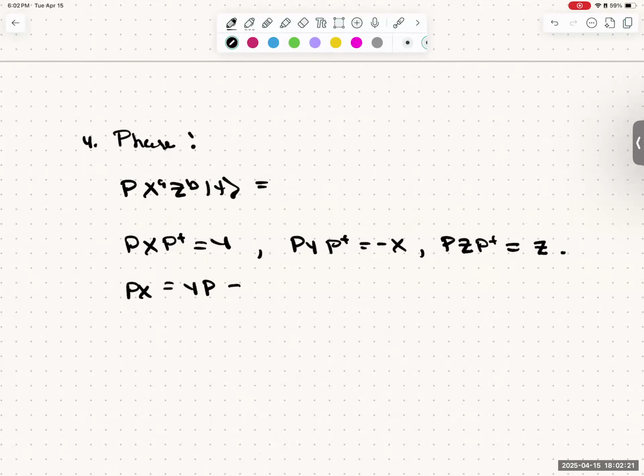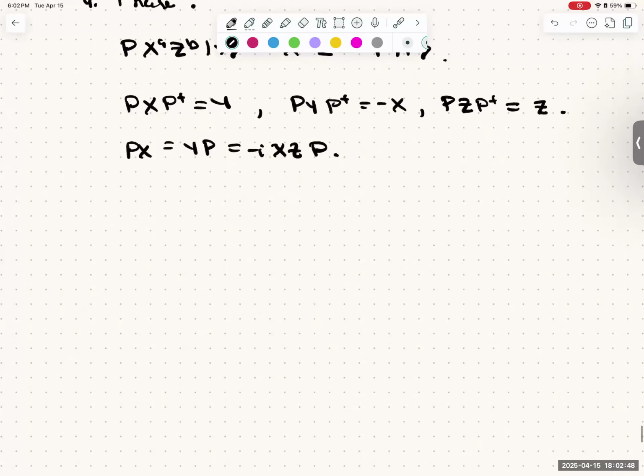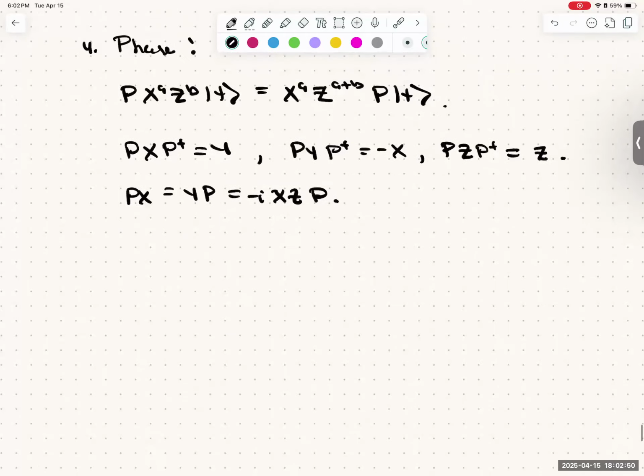This is yp, which is equal to i zx, or maybe easier, minus i xz p. So I will use these, and after flipping everything through, I end up with x a z a plus b, phase acting on psi.